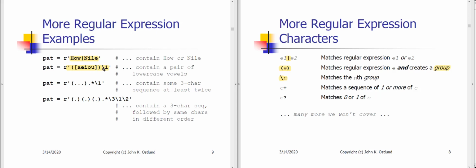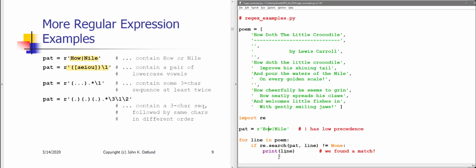And by using \1 here, what we're saying is we also have to have exactly that same lowercase vowel again. So this time we are looking for two identical lowercase vowels side by side. And let's see what we've got here.